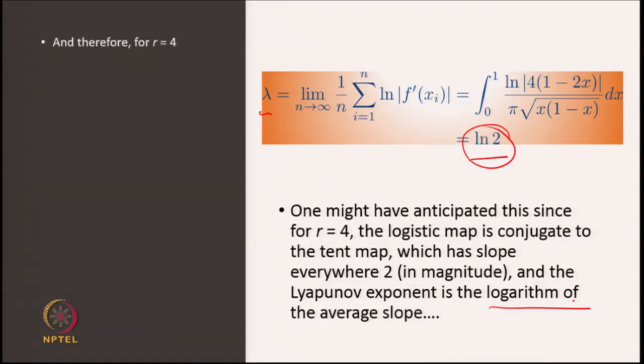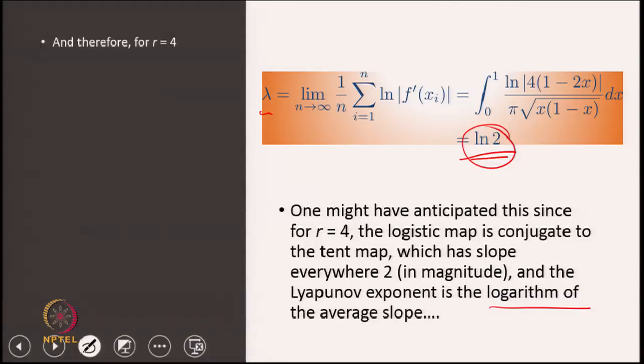Over here the slope everywhere is 2, so the average is also 2 and the logarithm would be log 2. And so, log 2 is the value of the Lyapunov exponent for the logistic map for the parameter r equal to 4.